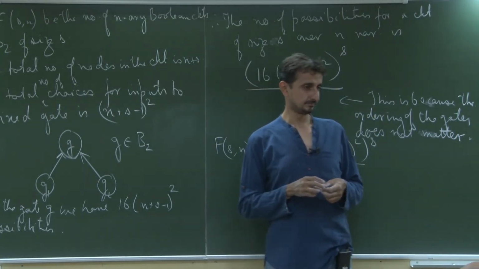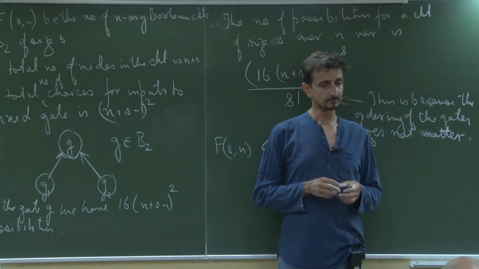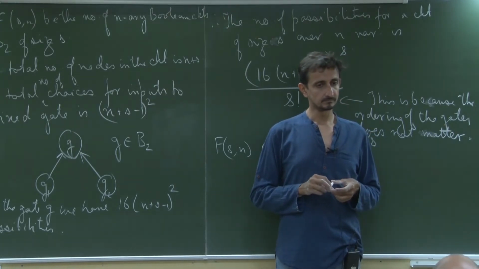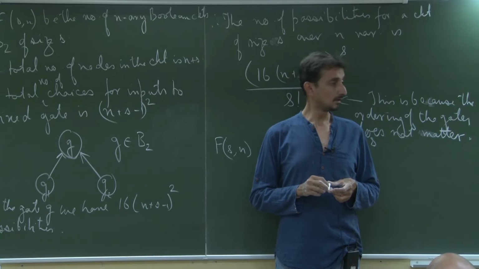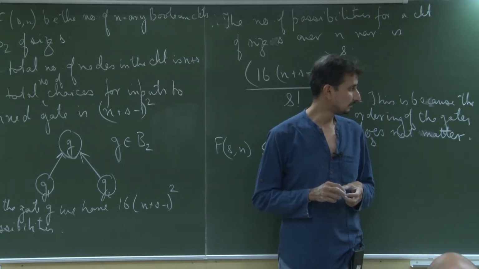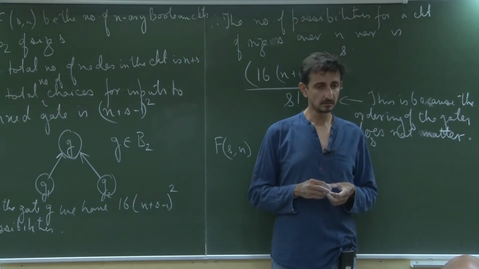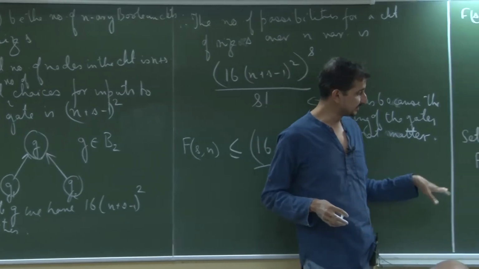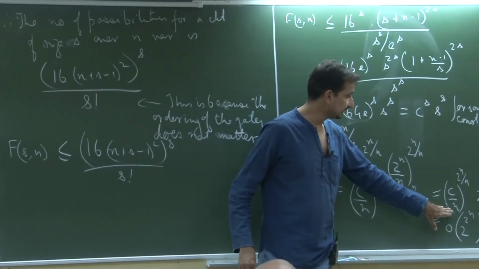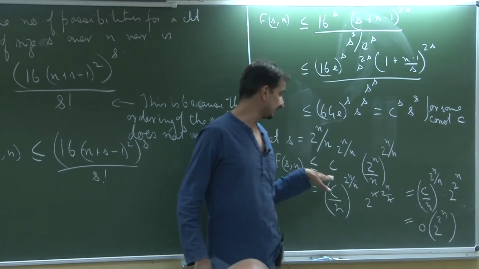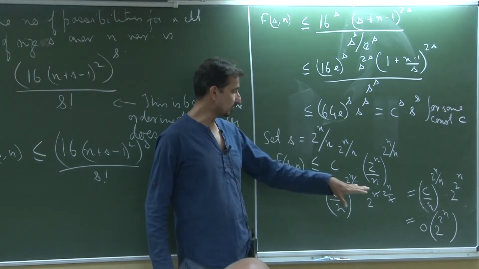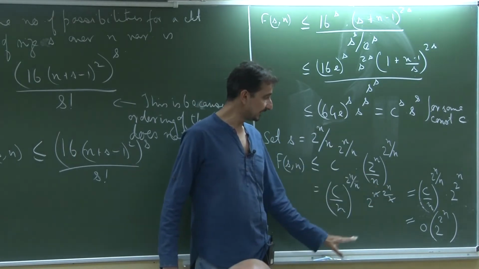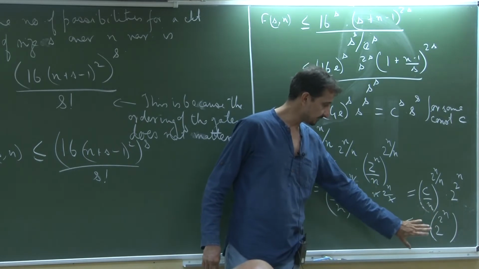So, for the quantity 2 to the n by n, we can put any constant in the denominator, 2 to the n by cn. Yes. But we cannot put n square, 2 to the n by n square. No, no. I want to put a quantity which will simplify to something that I can work with.